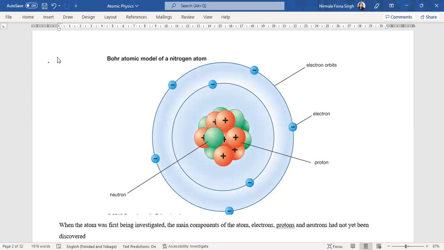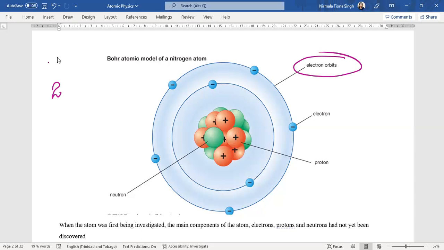We do know that electrons orbit our nucleus in shells or in different energy levels. As chemistry students, you all should know that the first shell has 2 electrons.